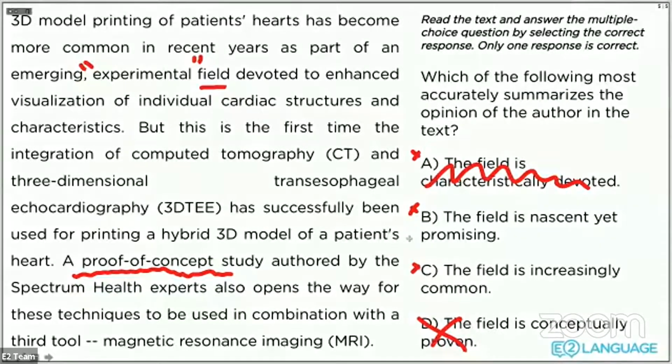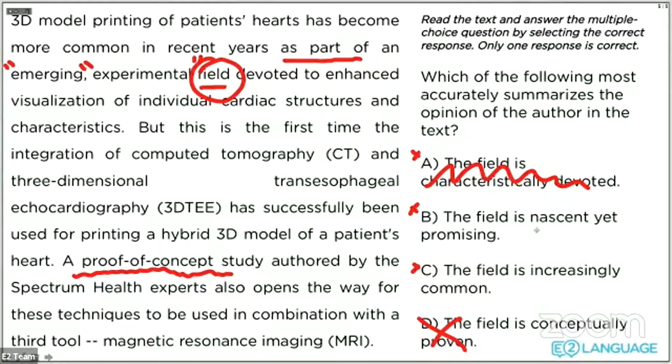Okay, the field is increasingly common. Well, actually, it says here that 3D model printing of patients' hearts has become more common in recent years as part of an emerging experimental field.